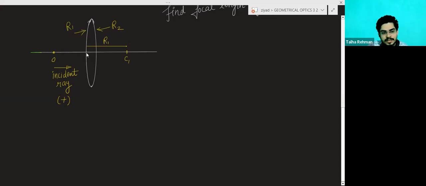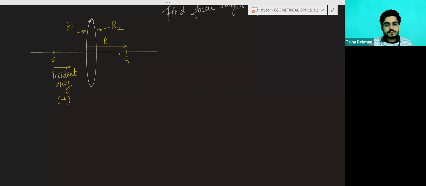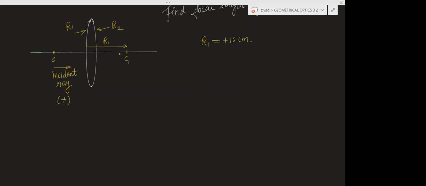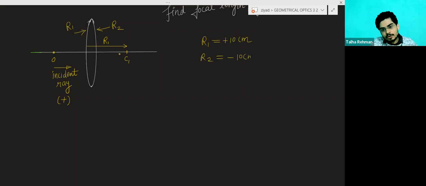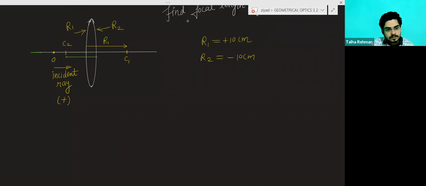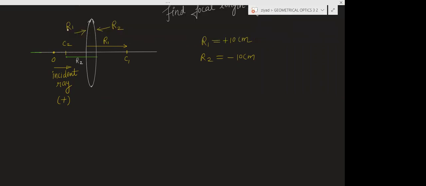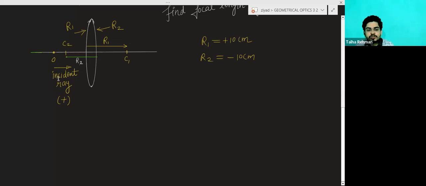So you are measuring R1 in this direction, and this direction is taken as positive, which means R1 will be plus 10 centimeter. Now R2 will be minus 10 centimeter. Suppose this is the center of curvature C2, then you measure R2 from this surface to this. You take R2 as negative because you are measuring R2 in the opposite direction of the incident ray.